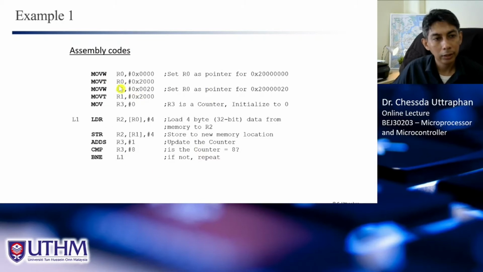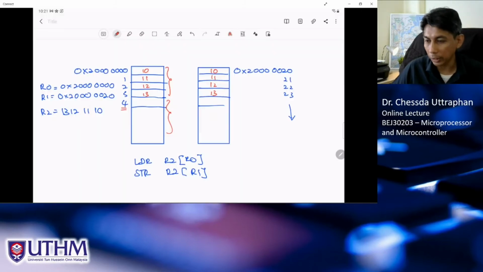So this is the assembly code. So use MOVW and MOVT to get the value in R0, the pointer for the first block. You can also use the LDR R0, right? So instead of 2 instructions here, you can use only 1 instruction using this.